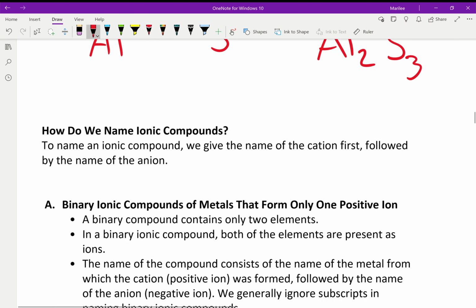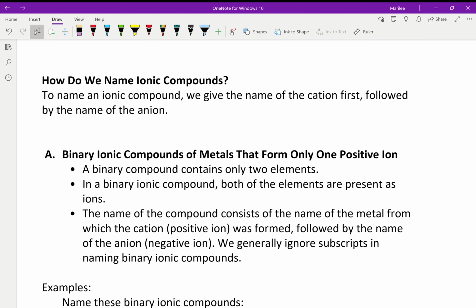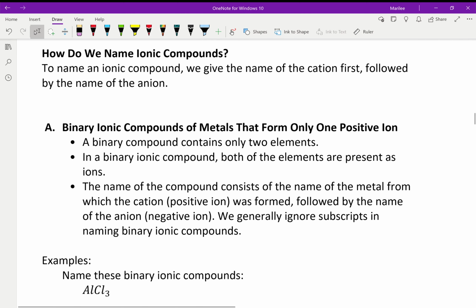Next, I'm going to go over how we name ionic compounds. To name an ionic compound, we give the name of the cation first, followed by the name of the anion. Binary ionic compounds of metals that form only one positive ion. A binary compound contains only 2 elements, because as you can see, binary, so 2.